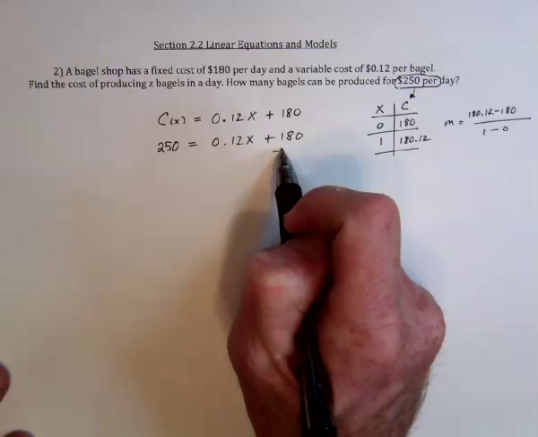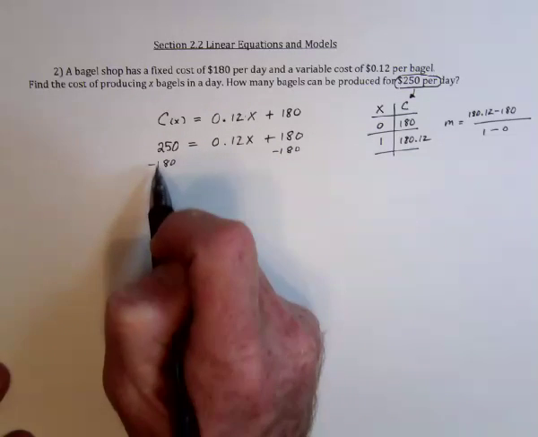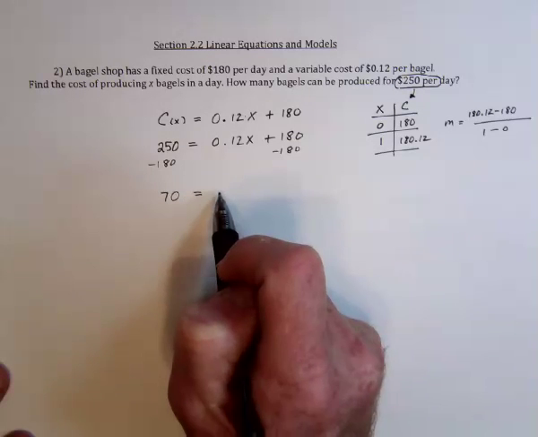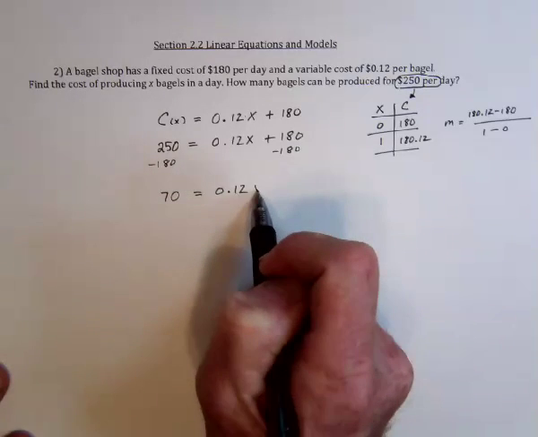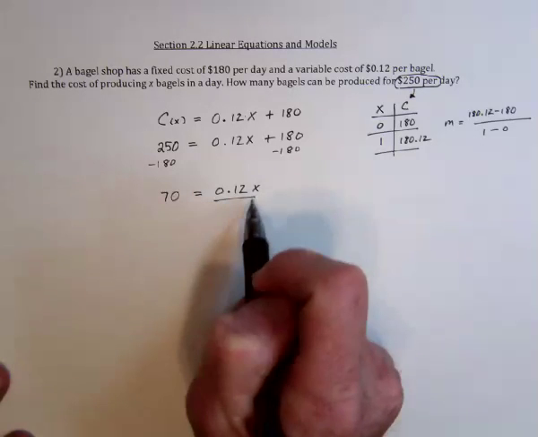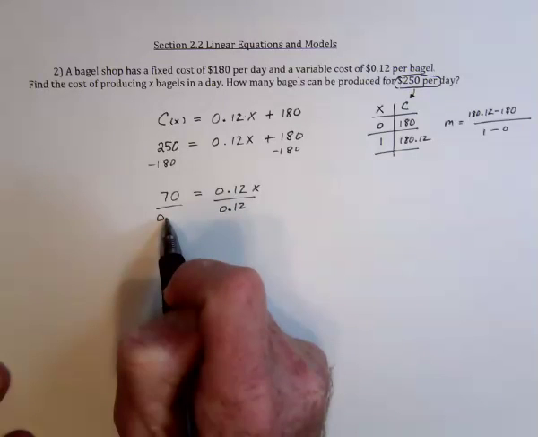First, subtract 180 from both sides, which is going to result in a 70 over here. The next thing to do is divide by the 0.12 on both sides.